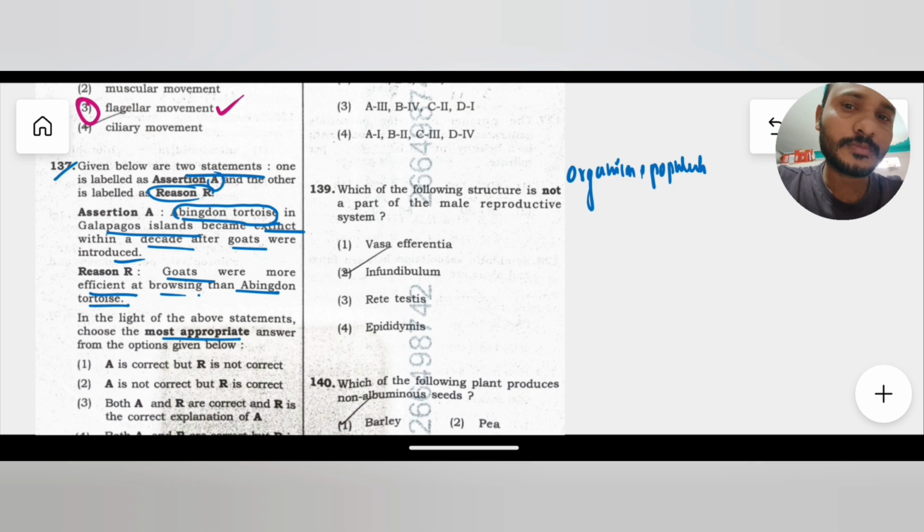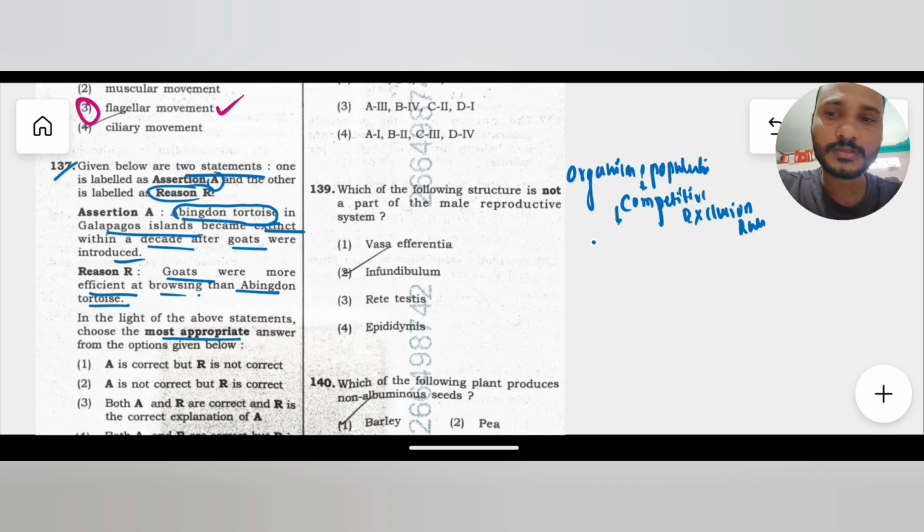In organism and population, these are framed from the competitive exclusion rule, proposed as Gause's competitive exclusion principle.